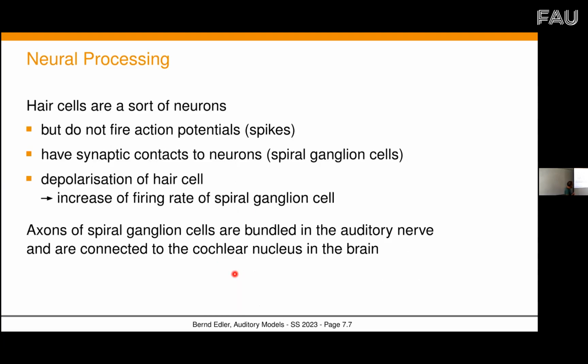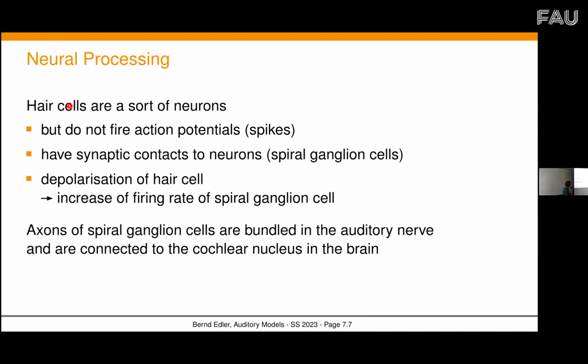And yeah, maybe first summarize that, and then we'll get a bit more to the further neural processing, and I will show you how models are built more on this electrochemical process, trying to model it, and other models that are very much simpler, depending on what you want to model.